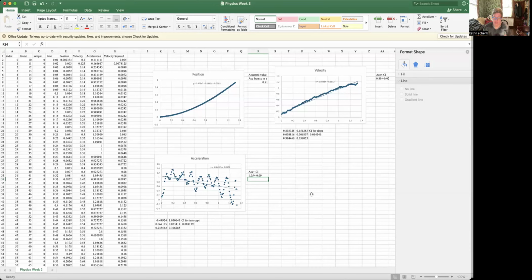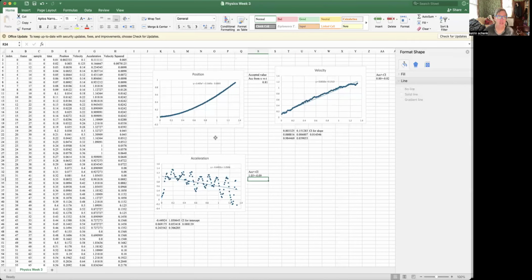And yes, it is, because 1.05 minus 0.09 gives 0.96, and 0.81 is definitely between 0.96 and 1.14. So we're good, and the reason is that this is just really noisy, so it got a big confidence interval out of it.